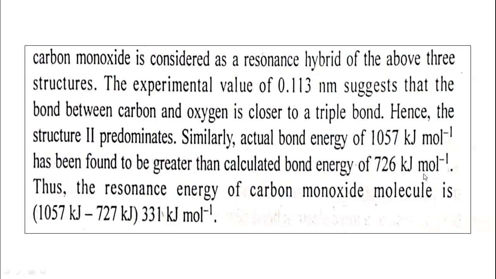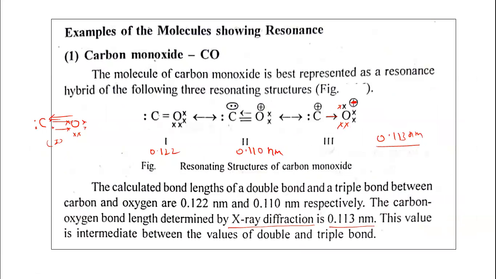So the resonance energy of the carbon monoxide molecule is the difference between the actual bond energy and the energy of the most stable contributing structure. The difference is 331 kilojoule per mole, which indicates that in the carbon monoxide molecule there is a presence of resonance.